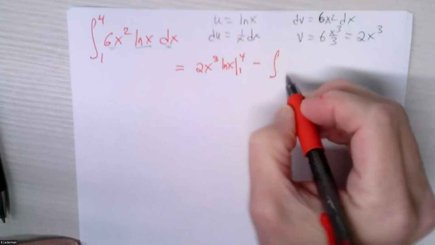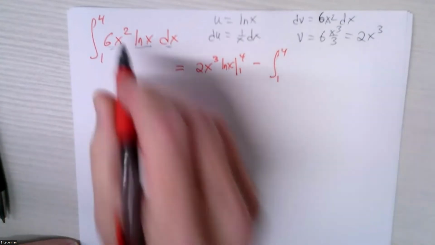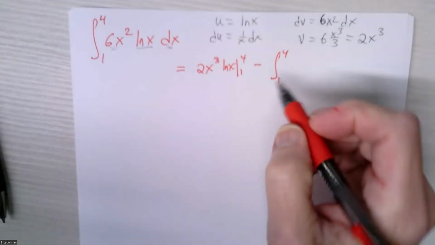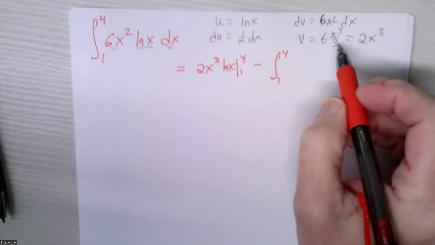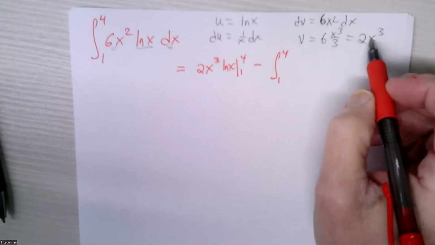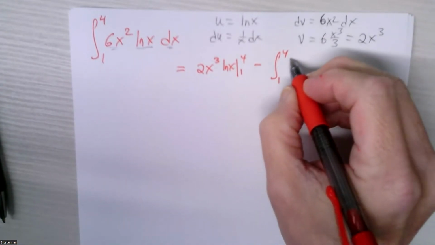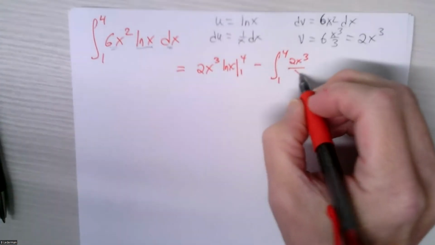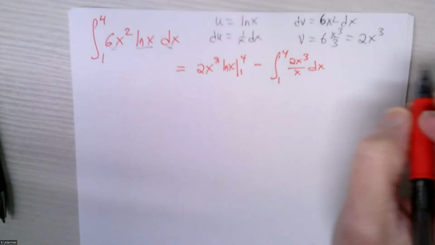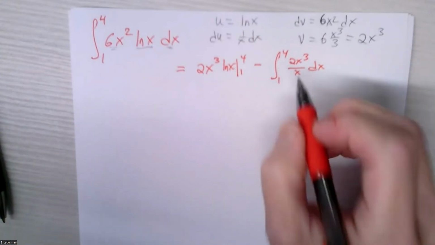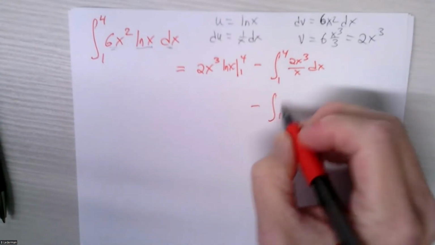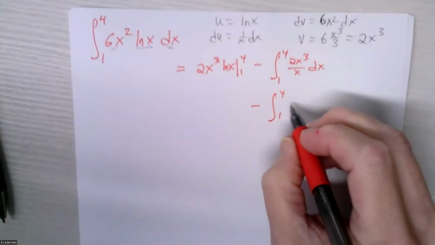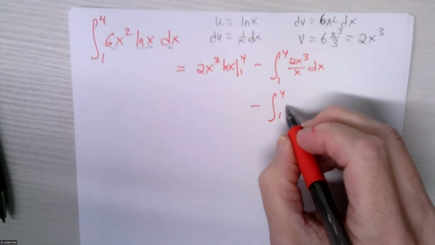And minus the integral evaluated from 1 to 4, that 1 and 4 just sticks with us the whole way through, of v du. Now, v du is 2x cubed over x dx, which is very nice because that's just the integral from 1 to 4 of 2x squared.